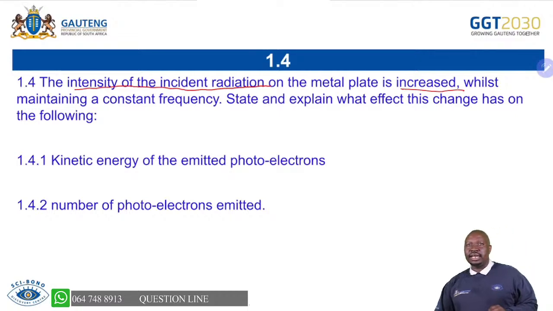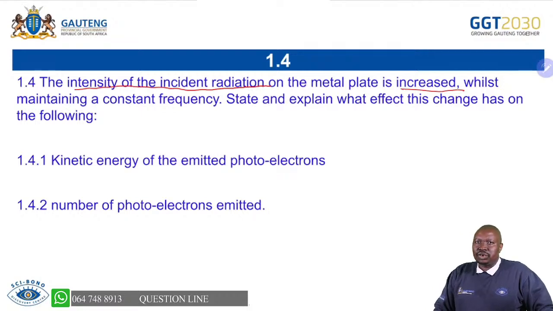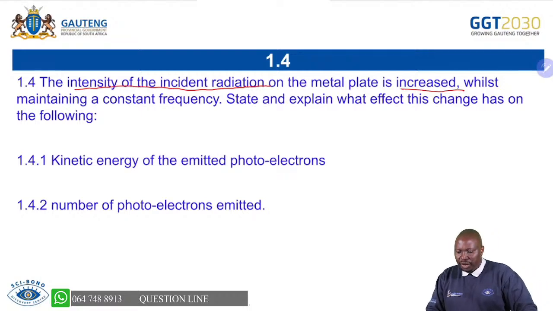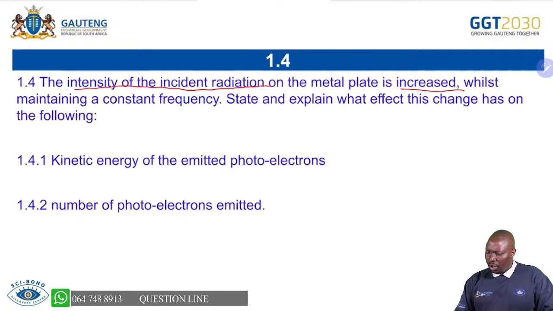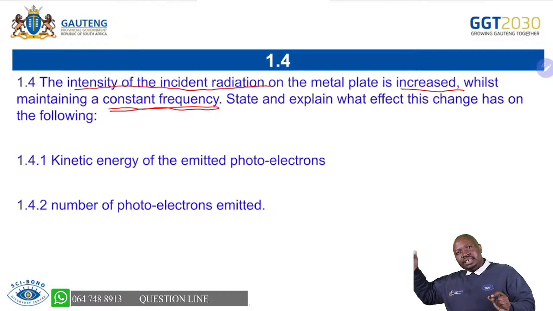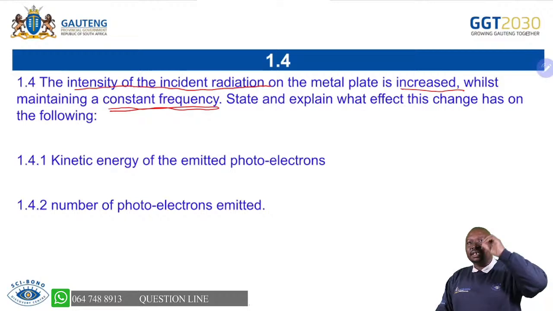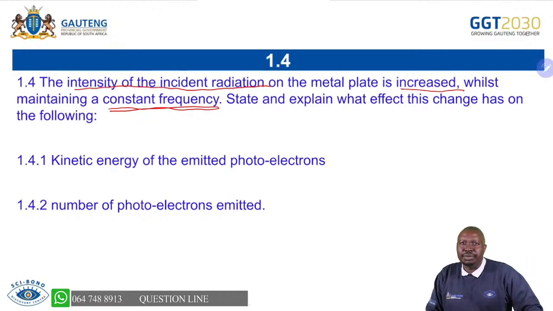I said it already that when you increase intensity, you are increasing the number of photons. And when you increase the number of photons, you are going to increase the number of ejected electrons or emitted electrons per unit time. Now, constant frequency. Remember, I indicated that frequency will affect EK max. Intensity will affect the number of electrons that will be emitted.